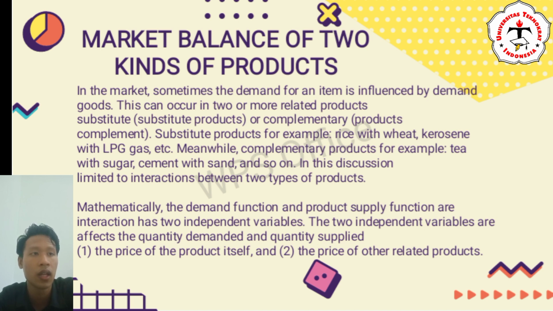In this discussion we limit ourselves to the interaction between two types of product. Mathematically, the demand function and supply function of interacting products have two independent variables. These two independent variables affect the quantity demanded and quantity supplied: one, the price of the product itself, and two, the price of other related products.